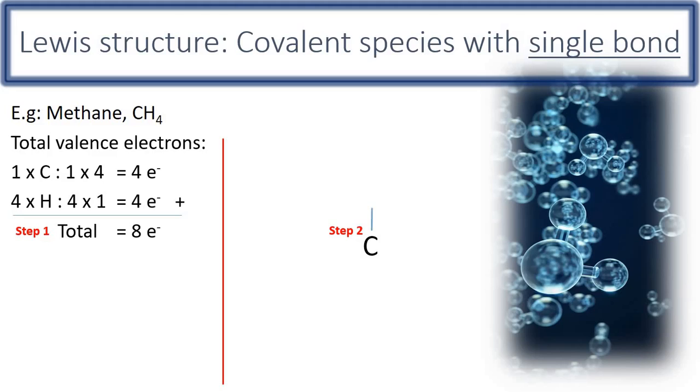Then, draw 4 lines representing the covalent bonds around the central atom carbon to occupy all 4 hydrogen atoms. Here, we have to subtract all 8 electrons used in all 4 covalent bonds, since each covalent bond consists of 2 shared electrons.